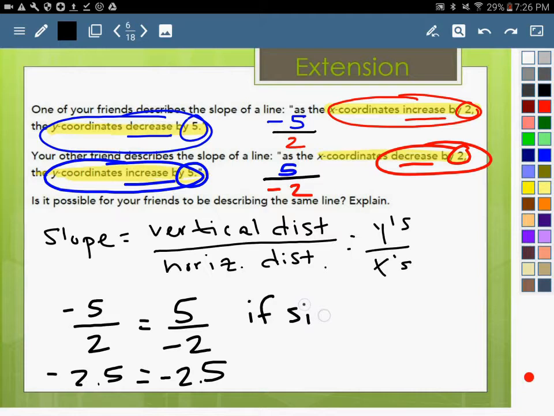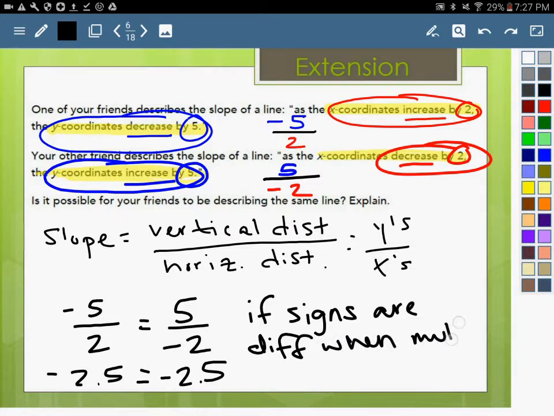If the signs are different, when multiplying, then the result is negative. So it doesn't matter which one you say is negative, whether it's the numerator is negative or the denominator is negative, it really makes the entire number itself negative if one of them is.